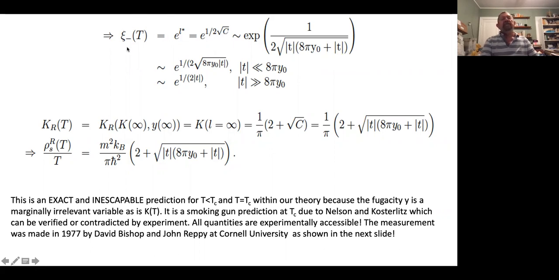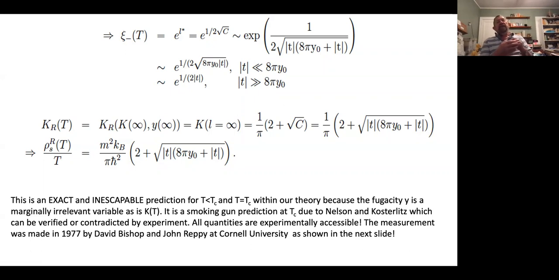Now this length scale is a correlation length below TC. It also exists above TC, but this is the only length scale that exists below TC. And it's equal to the exponential of 1/2 twice the square root of mod t, this expression here.